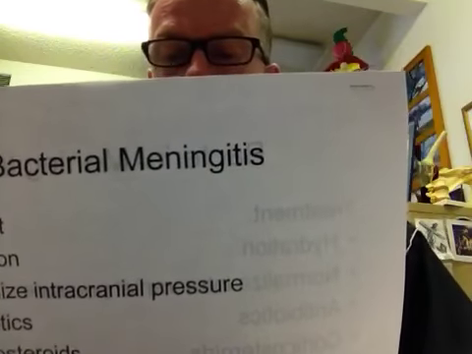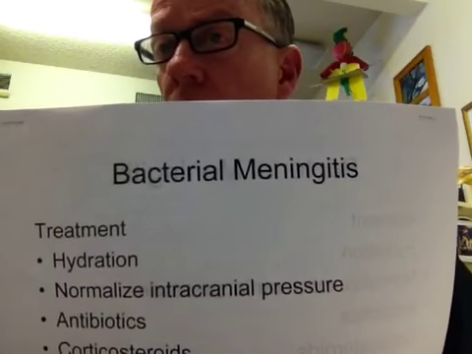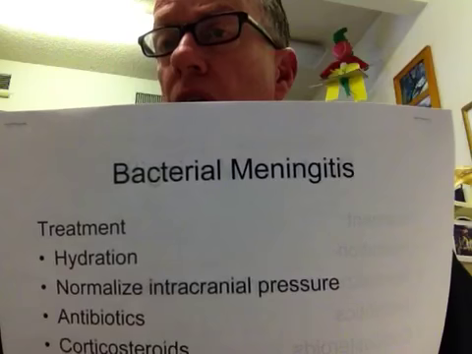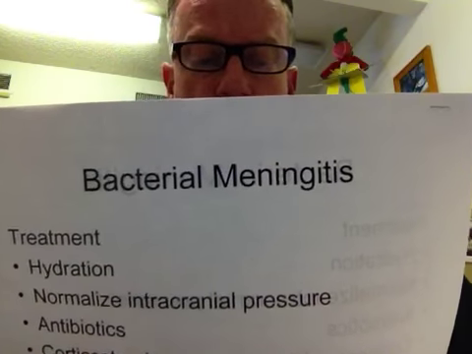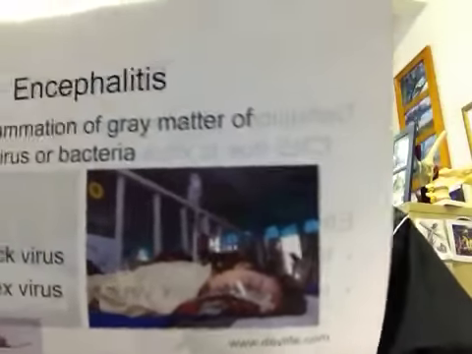Treatment for this is to make sure that they get lots of water, moderate the intracranial pressure, because necrosis can result from the brain being displaced and too much pressure and not enough blood flow to the brain, and avascular necrosis can occur. Antibiotics, corticosteroids, and anti-seizure medication. Now we move to infection of the brain proper, and this is called encephalitis.